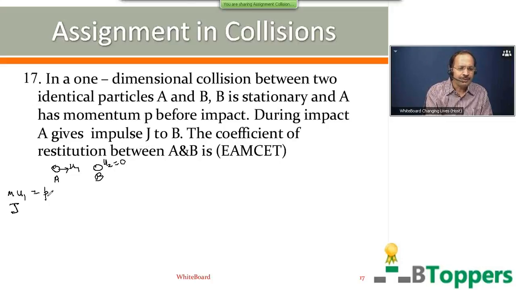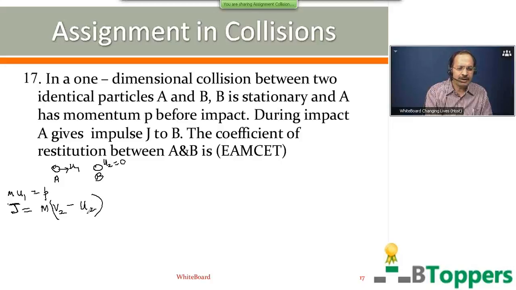So if you give a positive sign for the initial velocity u1 and the momentum of A before collision, you can give a positive sign for the impulse given to B by A towards the right, which is in the same direction. The impulse given to A by B will be equal and opposite to the impulse given to B by A. The impulse given to B by A is equal to the change in momentum of B. Change in momentum of B is the final momentum of B minus the initial momentum of B. That is m v2 minus m u2. m is the mass, which is the same for both bodies.